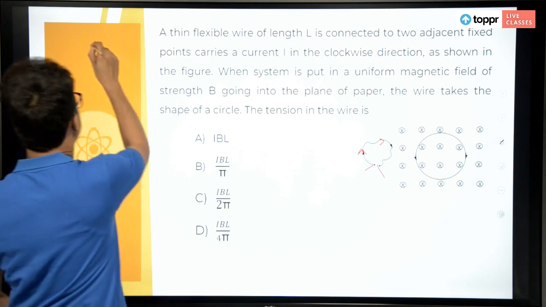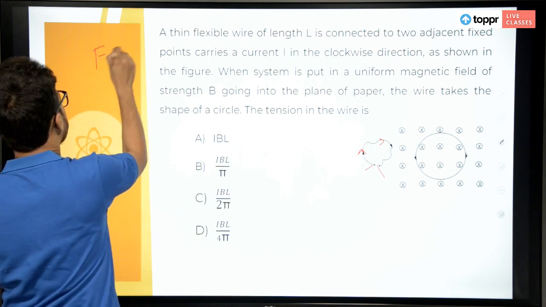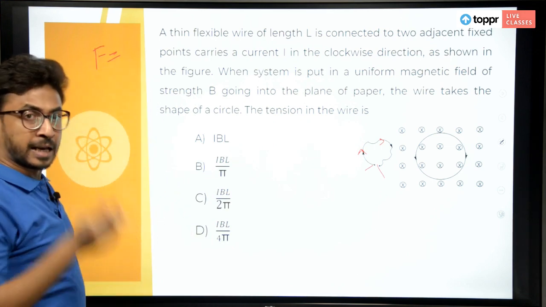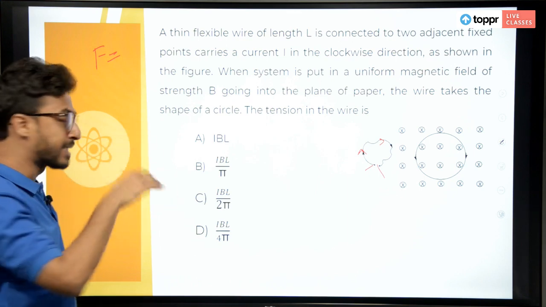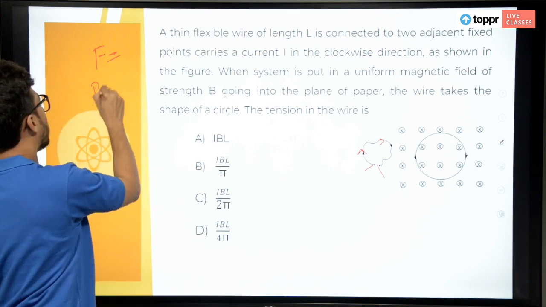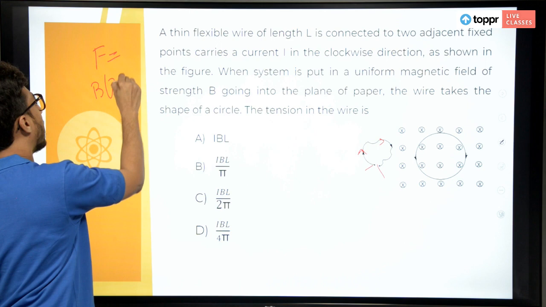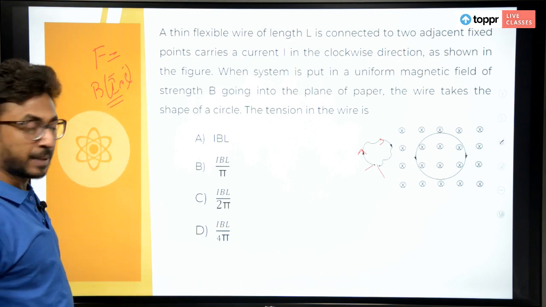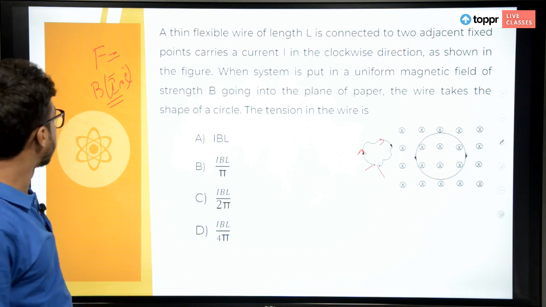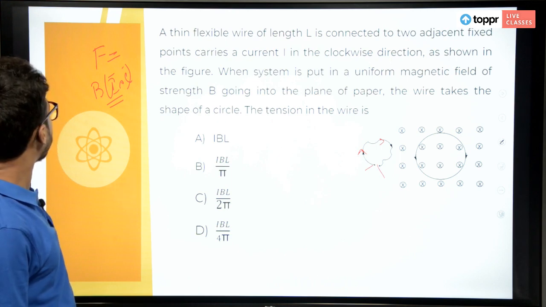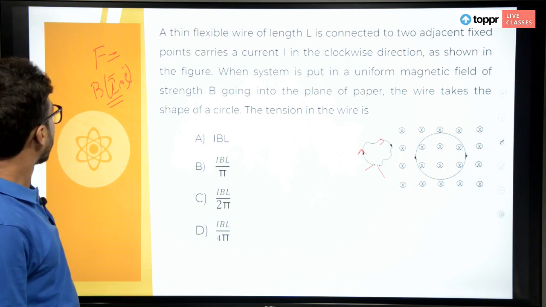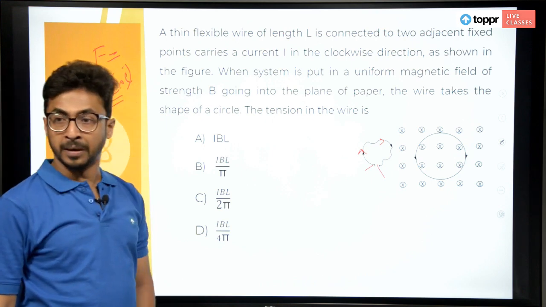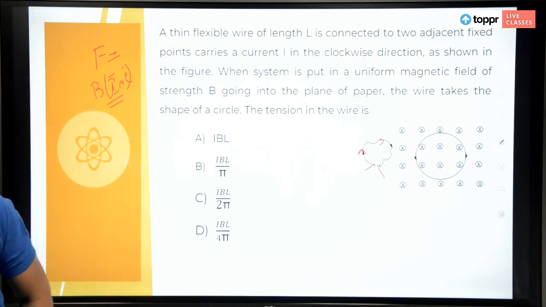Now, what is the force generated when a current carrying conductor lies in the magnetic field? It is given by I L cross B, right? Sorry, this is wrong.